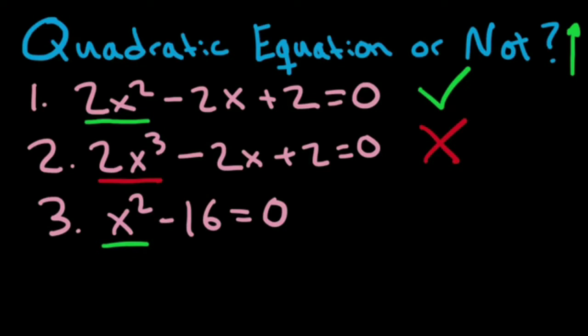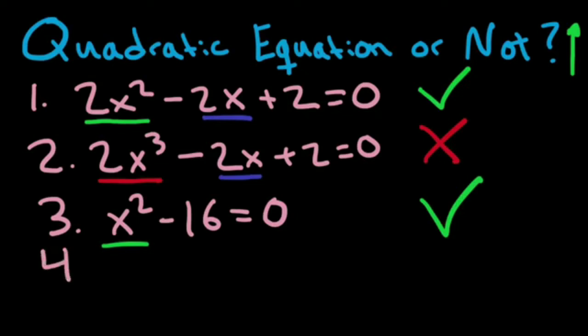But we are missing the middle term, so we don't have an x term as we have, for example, here and here. But that doesn't matter. As long as we have a variable to the power of 2 and no variable with a higher power than 2, we know that it is a quadratic equation. So it doesn't matter here that we are missing the x term. This right here is still a quadratic equation.